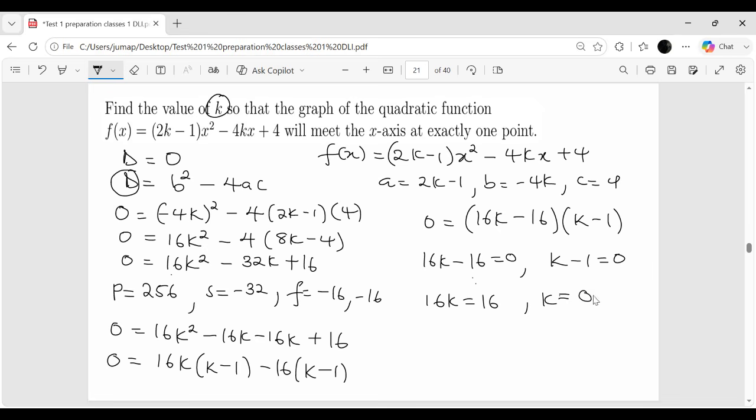So it's going to be 0 plus 1. Then you divide by 16, you divide by 16, k is equals to 1, k is equals to 1. As a result, your k is just positive 1. Okay, are we together?